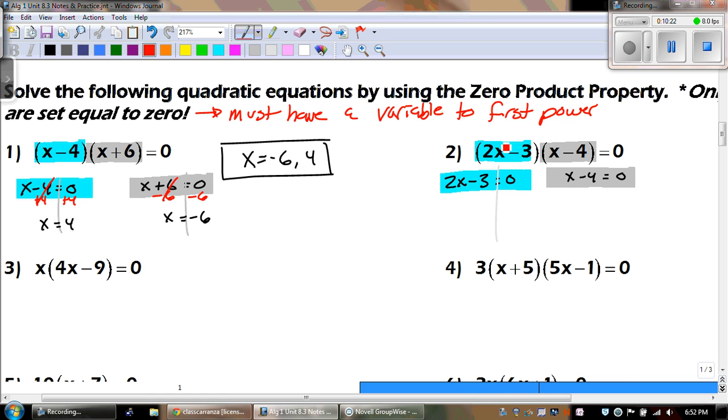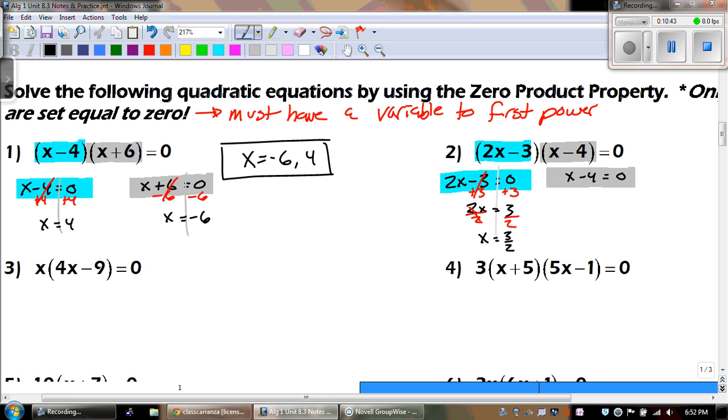Now, in the blue, we have to do a little more work to solve. We have to add 3 to both sides. We get 2x equals a positive 3. And then divide by 2. We get x equals 3 over 2.